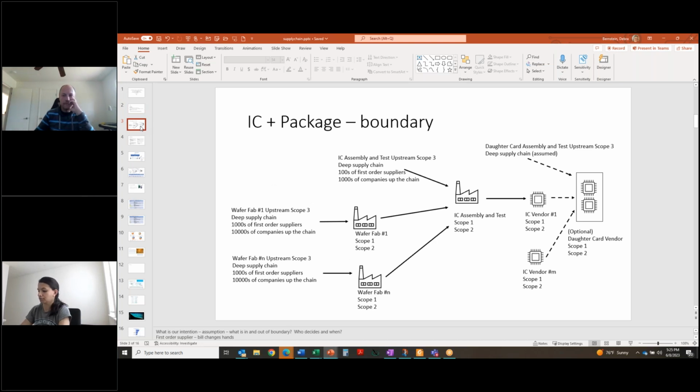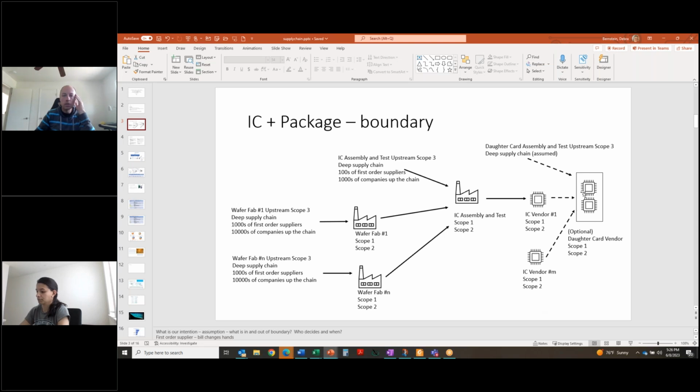So just to give an overview of what the basic steps are and the basic parties that are involved. In other words, from a GHG protocol perspective, discussing our boundary for this embodied carbon report and for the metadata associated with it.